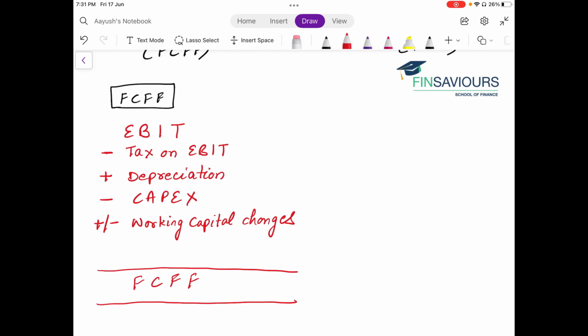We have to go to the why behind things. So, my very first question to you this time is, why do you start with EBIT? Why not EBITDA? Why not net income for that matter? Can you guess the answer? If yes, brilliant. If not, let's understand.